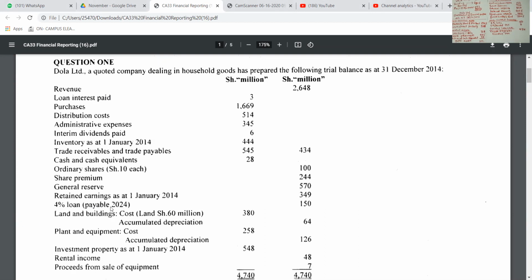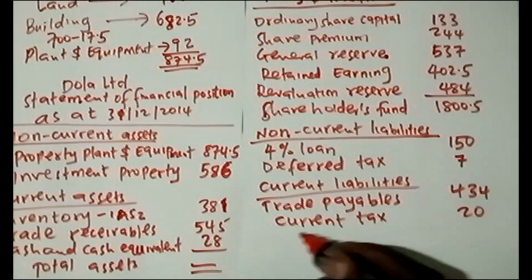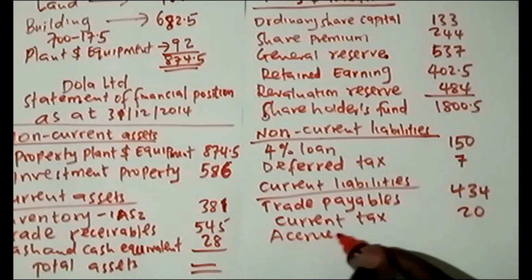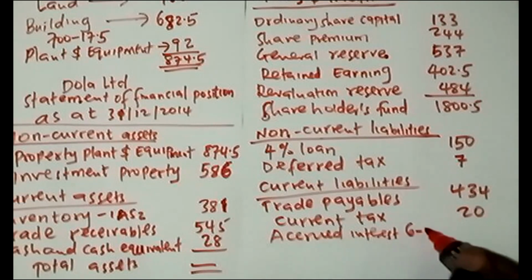So the total interest on this loan was 6, but already 3 has been paid. So the balance of 3 is accrued. So current tax is 20, then accrued interest is 6 minus the 3 which has been paid, which gives the 3.